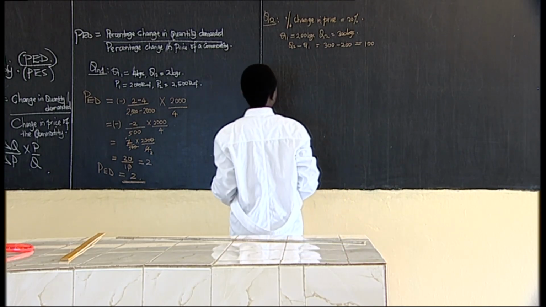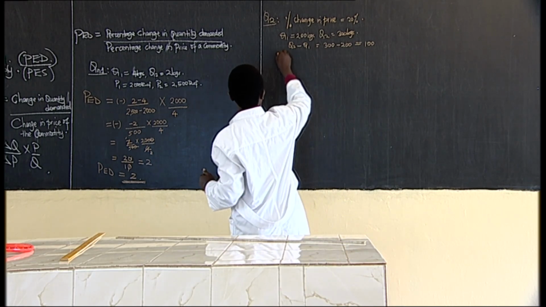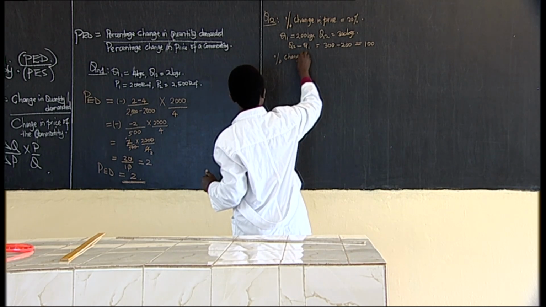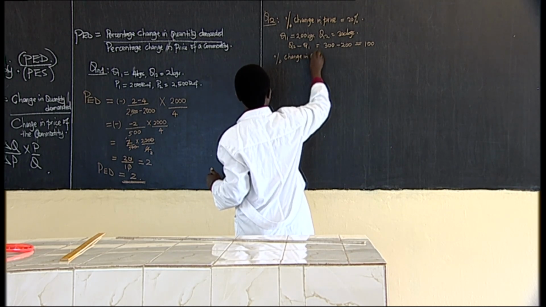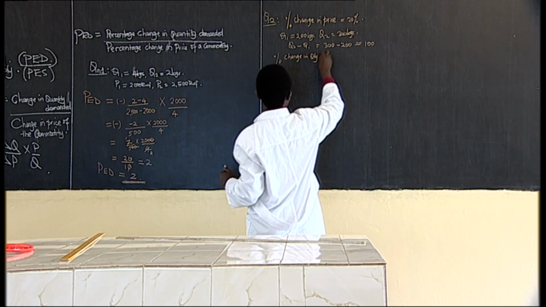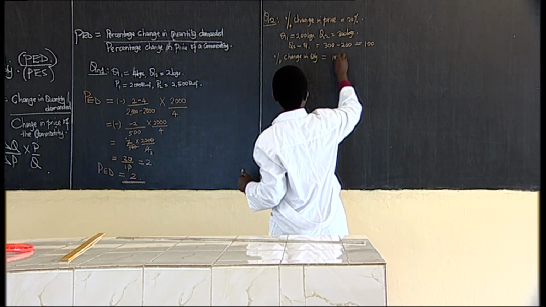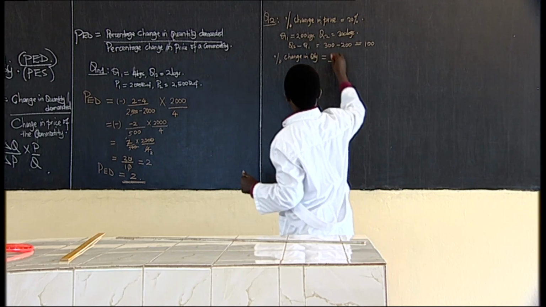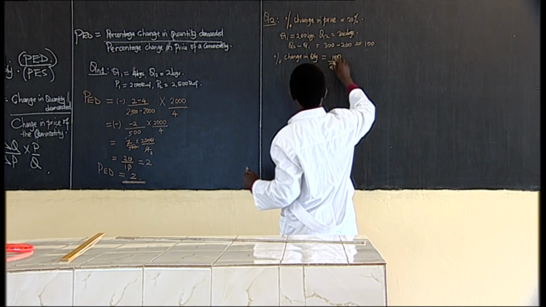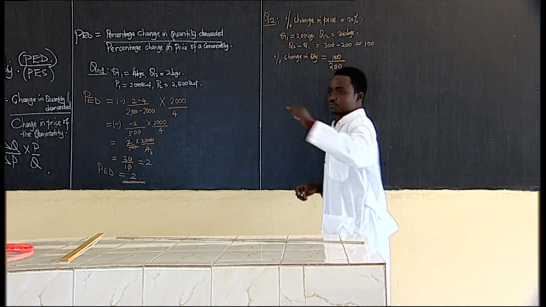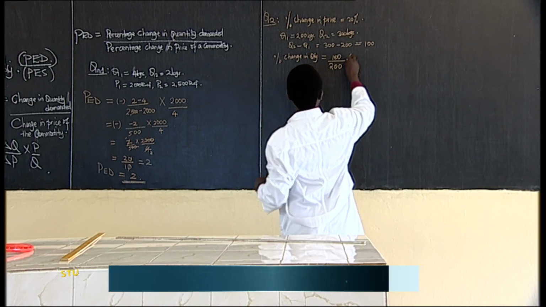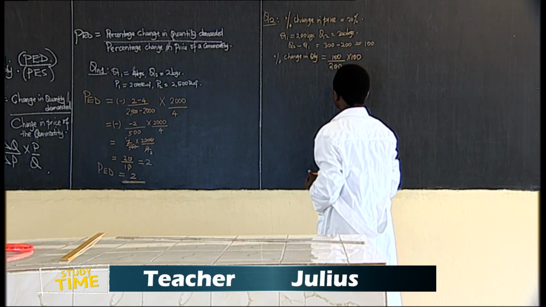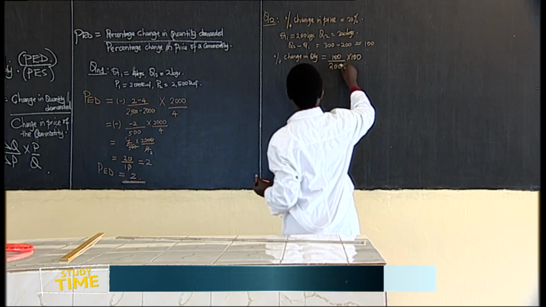But we need to express it in percentage. So our percentage change in quantity will be equal to this 100, which you have got, divided by the original 200. Because quantity demanded changed from this, you have to calculate it on this. Then you multiply by 100 to put it in a percentage.